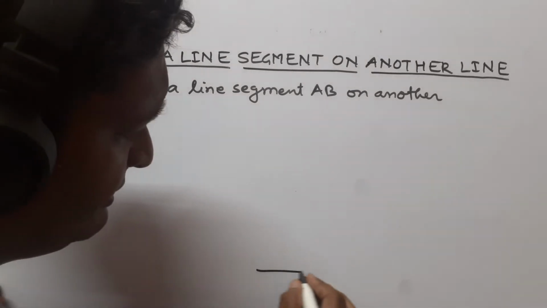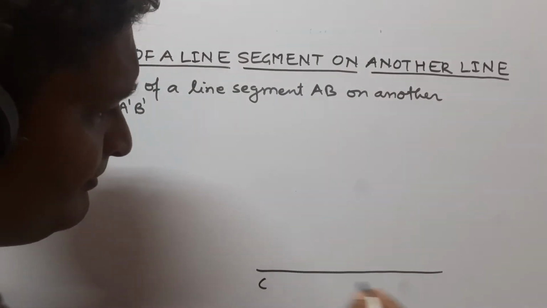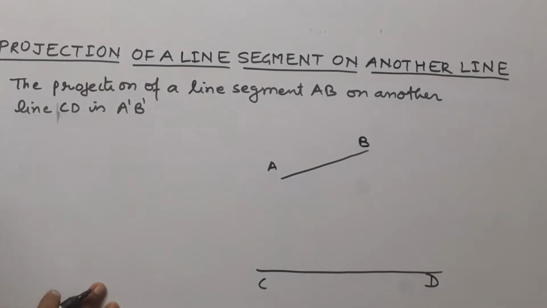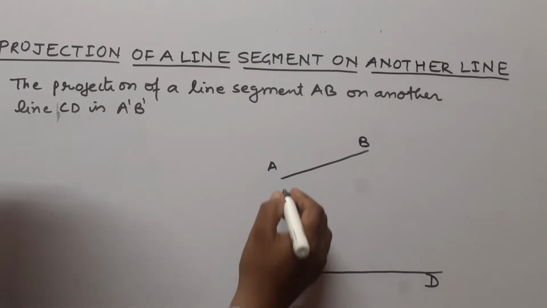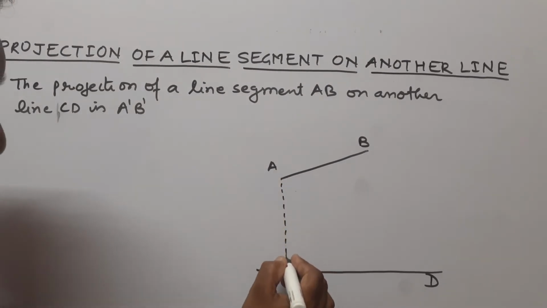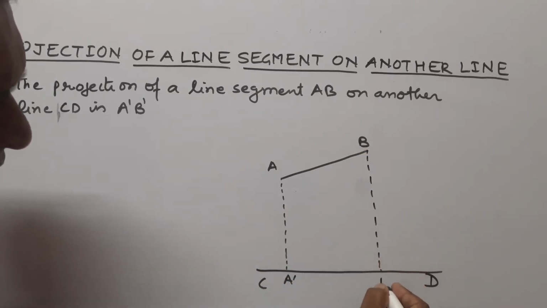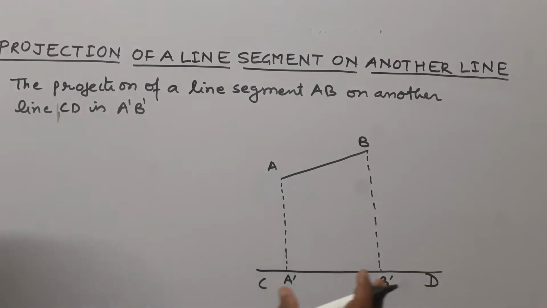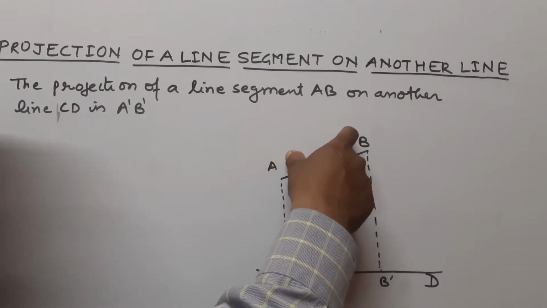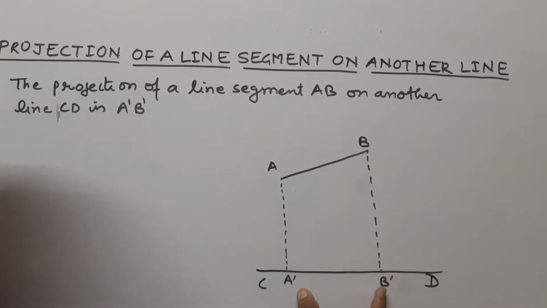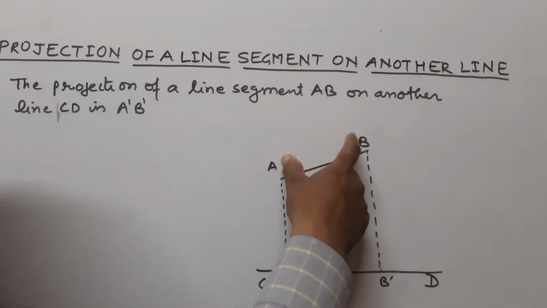Here we can see that this is any line CD. Here AB be the line segment and A dash B dash be the projection of this line segment AB on the given line CD. Here we can see that this AB be the line segment of a given line, CD be another line, this A dash B dash is the projection of this line segment AB on CD.